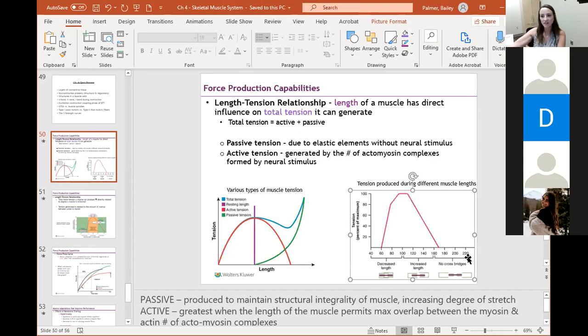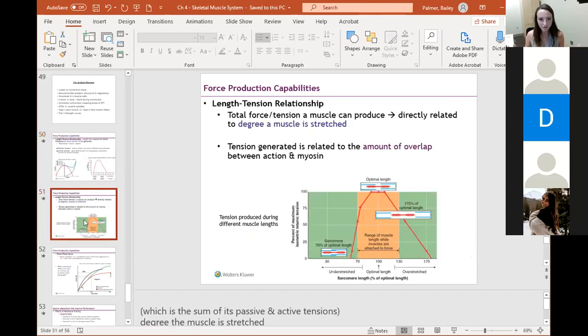So at optimal length, this optimal resting tension right here, is where we're going to see the greatest amount of force, because most of the time when we push something, we push with bent elbows. So there's optimal cross bridging in the muscle, which equals optimal force. So yeah, this relationship's really easy to understand. You do have to know just these basic statements.